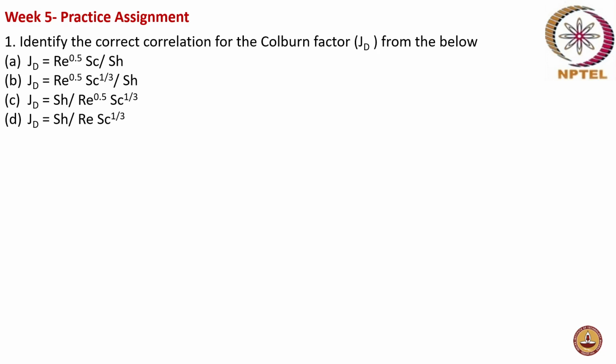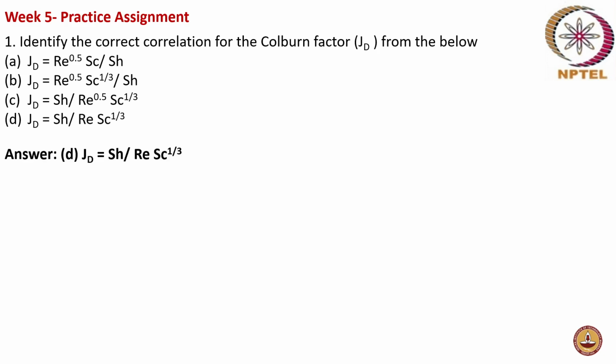Option A, JD is equal to Reynolds number power 0.5 into Schmidt number divided by Sherwood number, or is it option B, JD is equal to Reynolds number power 0.5, Schmidt number power 1 by 3 divided by Sherwood number, or is it option C, JD is equal to Sherwood number divided by Reynolds number power 0.5 multiplied by Schmidt number power 1 by 3, or is it option D, JD is equal to Sherwood number divided by Reynolds number into Schmidt number power 1 by 3. Which of these is the correct option?